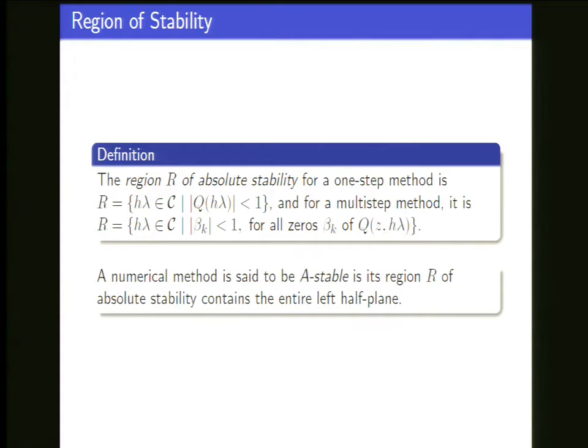Didn't you look at the implicit trapezoid? Maybe it was an example in the book of a method like that. Let's look at that. Here's a method: w i plus 1 equals w i plus h half of f i plus 1 plus f i.